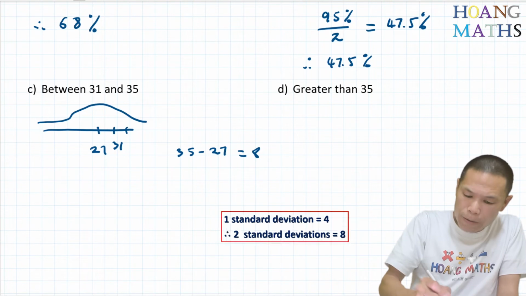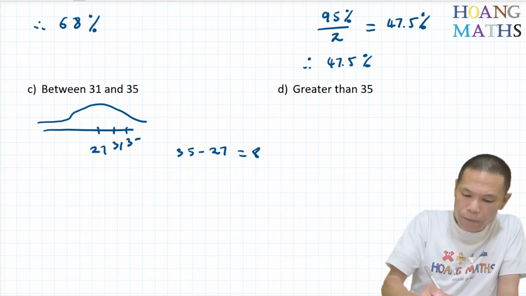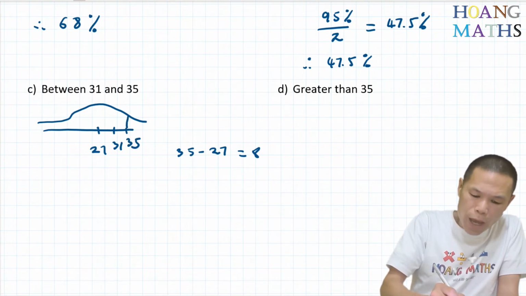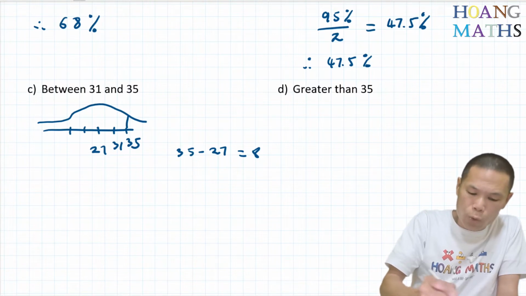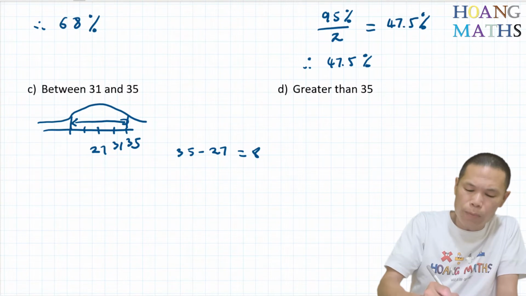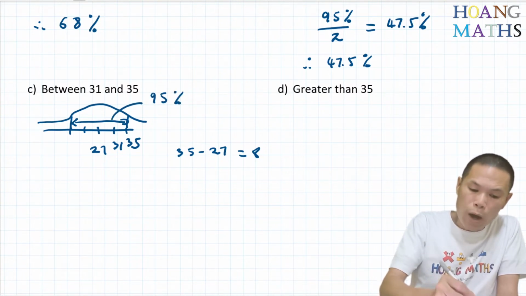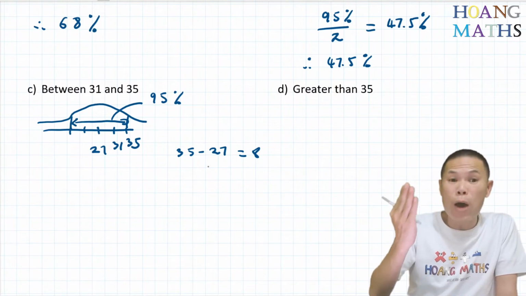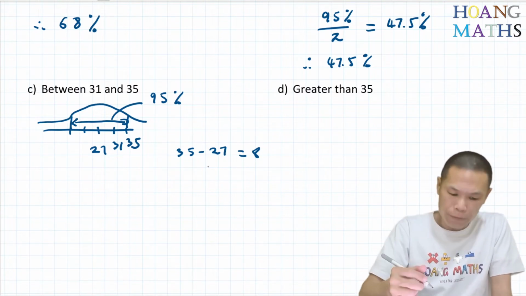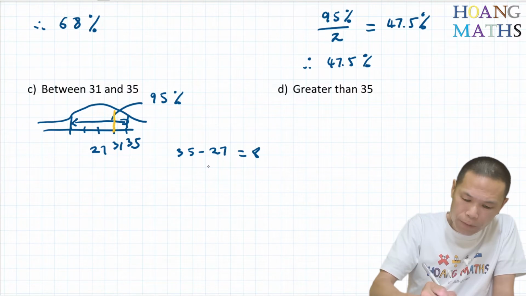So this is 35. And we know that they are symmetrical, of course. So from here to here, within 2 standard deviations from the mean, this is 95%. But what we're after is between 31 and 35. So 31 and 35 is here.